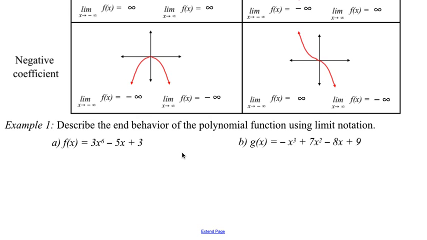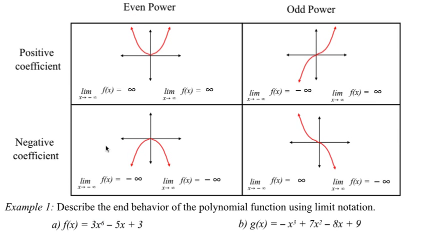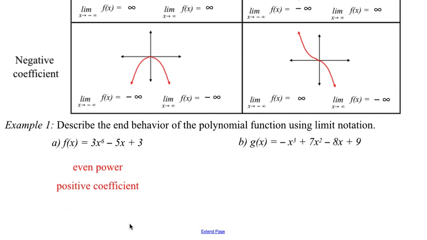Describe the end behavior of the polynomial using limit notation. In this one, we have an even power and a positive coefficient. So we know that will be up here, top left, even power, positive coefficient. So our end behavior, both of them should go to positive infinity. In example B, we have an odd power and a negative coefficient.